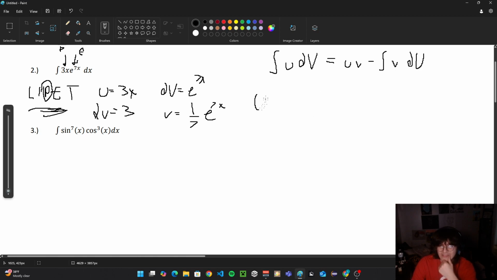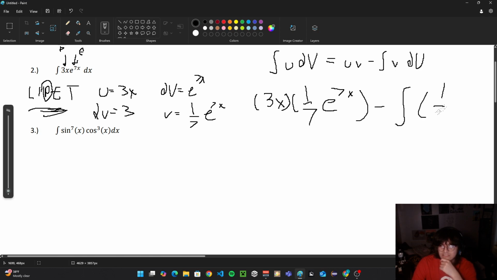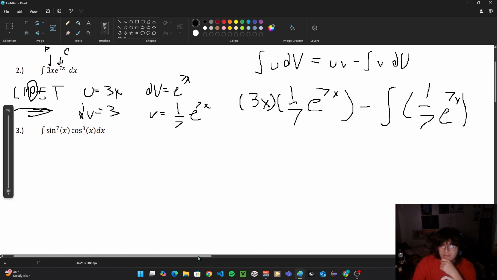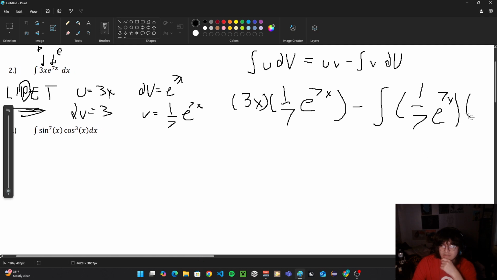Our u would be 3x. Our v would be 1 over 7 e to the power of 7x. Minus the integral of v, which is 1 over 7 e to the 7x, times our du, which is just 3.